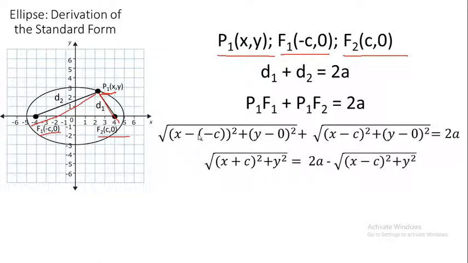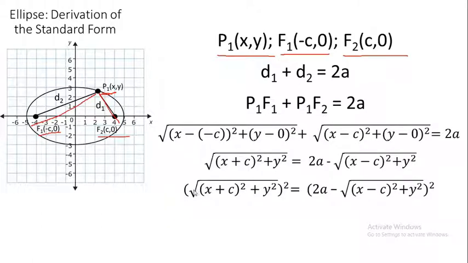This will become positive. We can just simplify to y squared. We transpose this radicand to the right side of the equation, becoming negative.